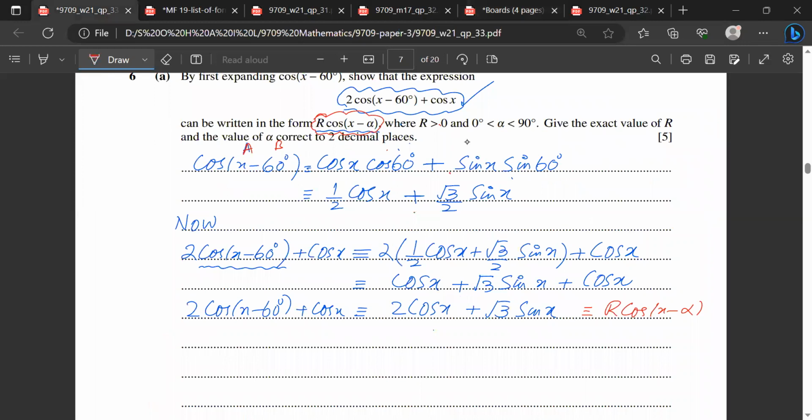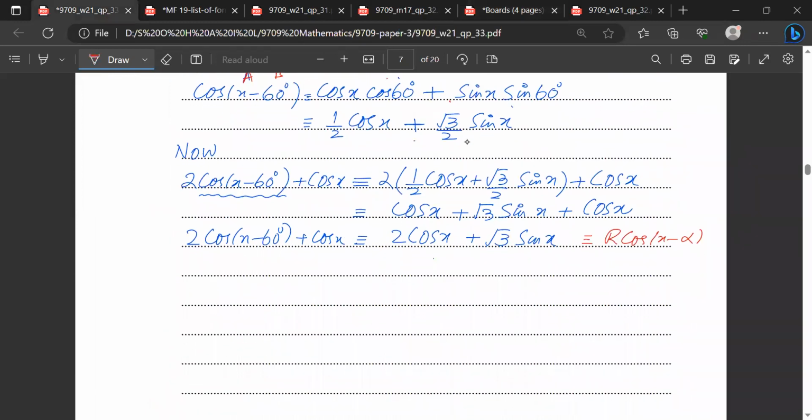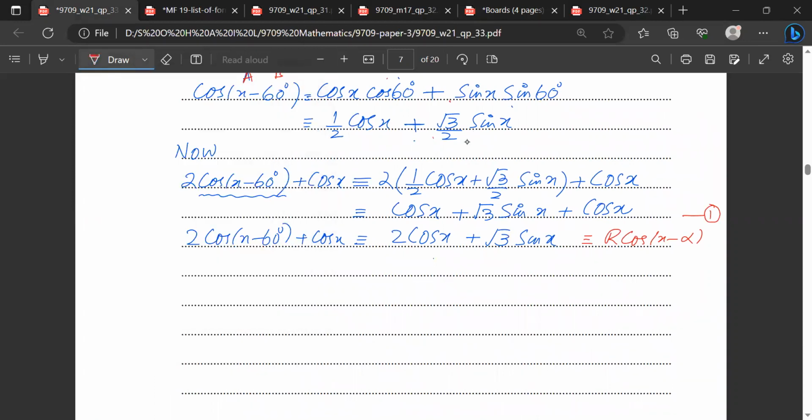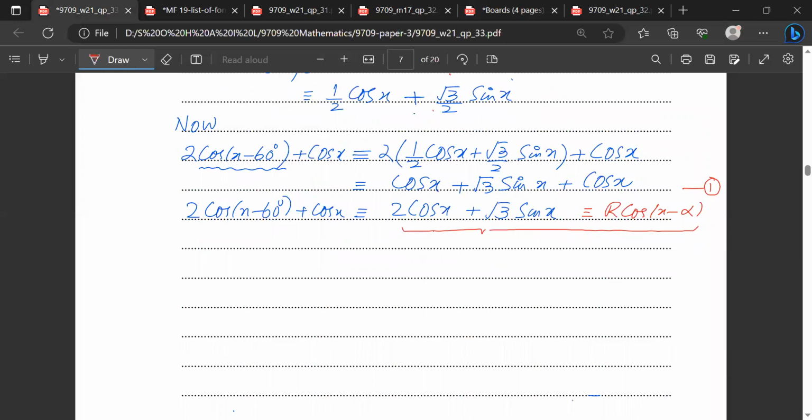Now coming to this question, this is number 1. I'm now starting with this part, taking only this part: 2 cos x plus root 3 sine x is identical to, this was the requirement, cos of x minus alpha.